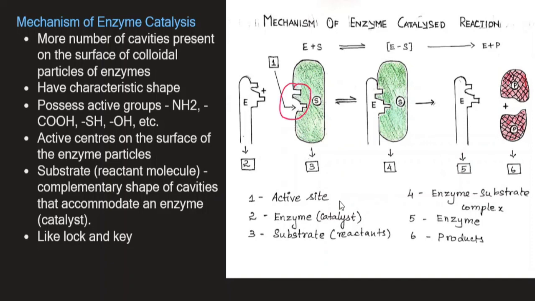The substrate, that is the reactant. The enzyme, that is the catalyst, is capable of getting locked into the cavity, specially arranged, and there is a matching key. So that is why it is very selective.